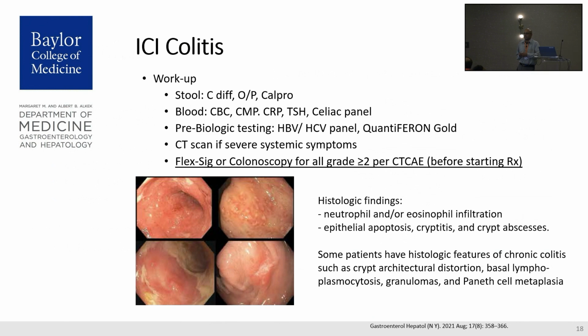Before you start prednisone, you do a flex sig or colonoscopy, and for all patients with grade 2 or above, you do a flex sig or colonoscopy and take biopsies, because ICI microscopic colitis is a different entity. Not all ICI patients having diarrhea have ICI colitis. It could be a microscopic colitis. So you have to do a colonoscopy and biopsy first.